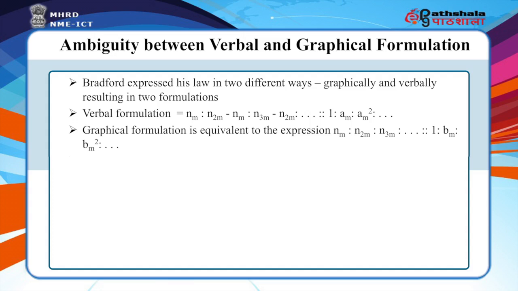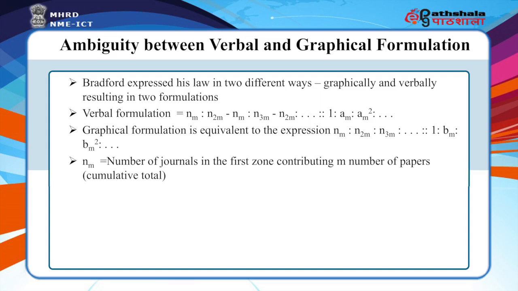The graphical formulation is equivalent to the expression n to the base m is to n 2 to the base m is to n 3 to the base m, and so on up to 1 is to b to the base m is to b to the base m to the power 2, where n to the base m signifies the number of journals in the first zone contributing m number of papers.